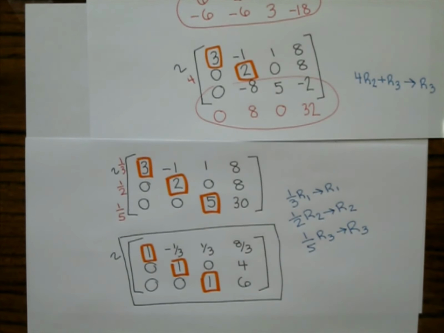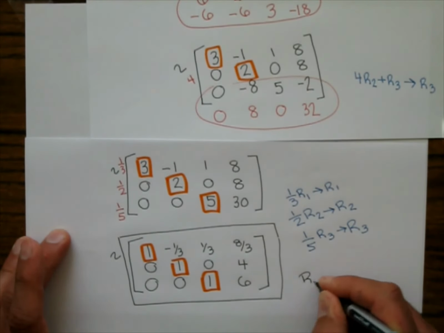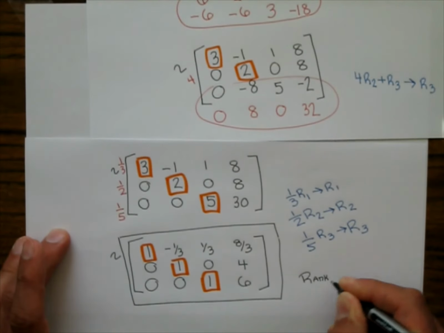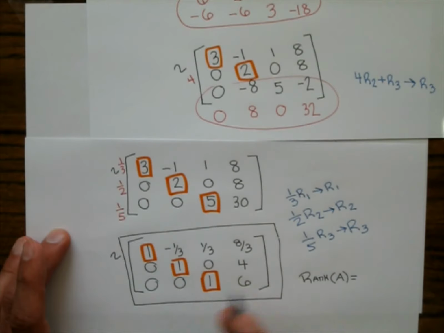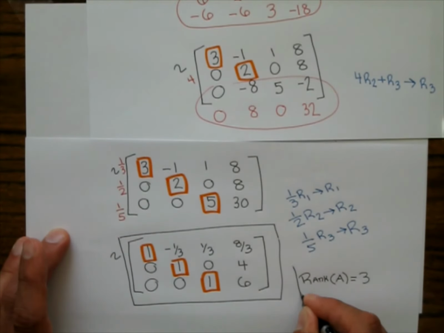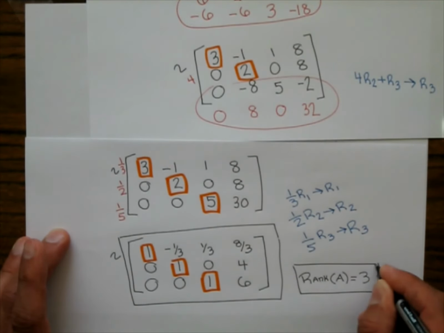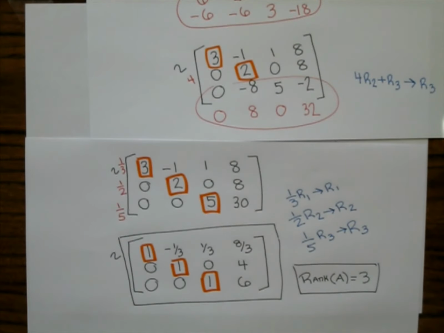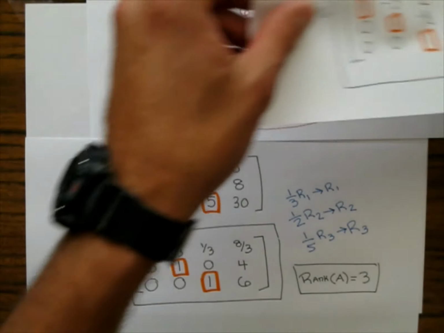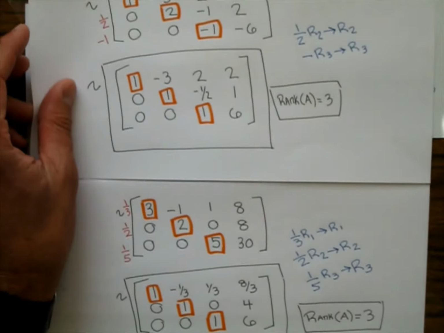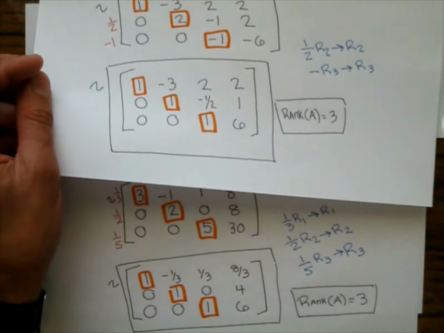The rank of our matrix, rank of A, is the same as the rank of this one, which is 3. So if you've been paying attention to what's been happening, something's really going to freak you out: the fact that we did this problem twice now.